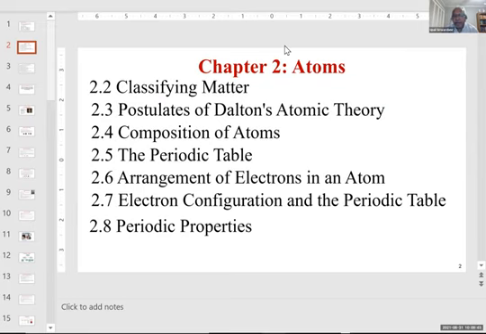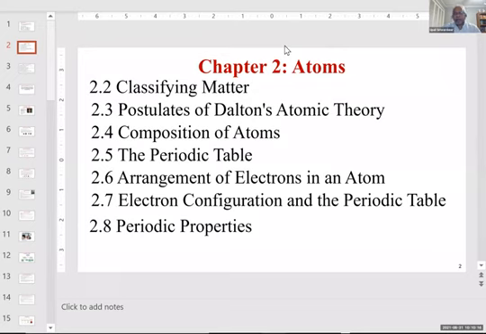There are periods. We also call them shells. There are 7 periods in the periodic table. The first period is the lowest energy shell, and the 7th period is the highest energy shell.